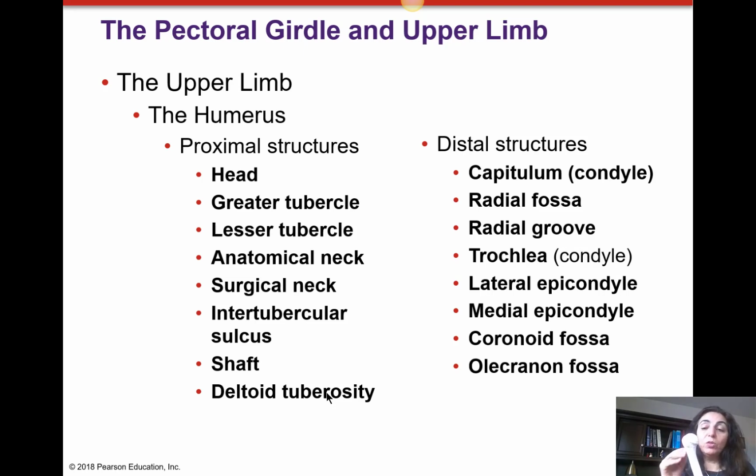The surgical neck is the part of the humerus that if any blow happens to the bone, usually the bone breaks on that part, not at the anatomical neck located here. So this upper part and this lower part would separate at the surgical neck, and that's the one that usually needs surgery because it cannot be fixed and kept together without surgery. Therefore, we call it surgical neck.